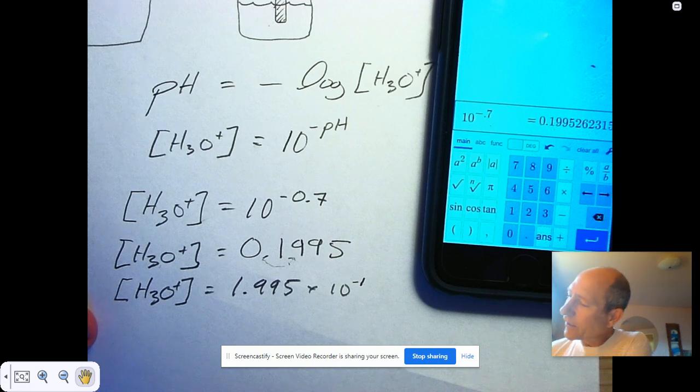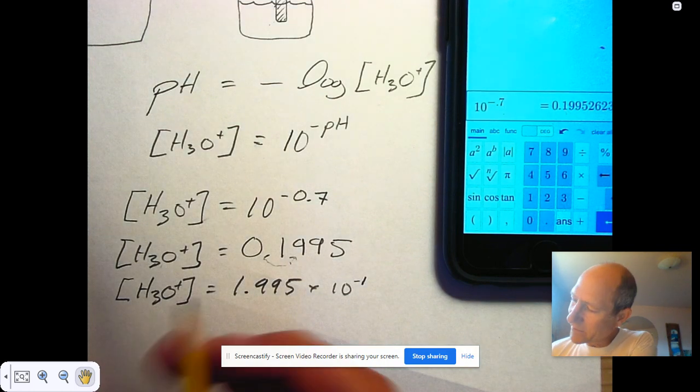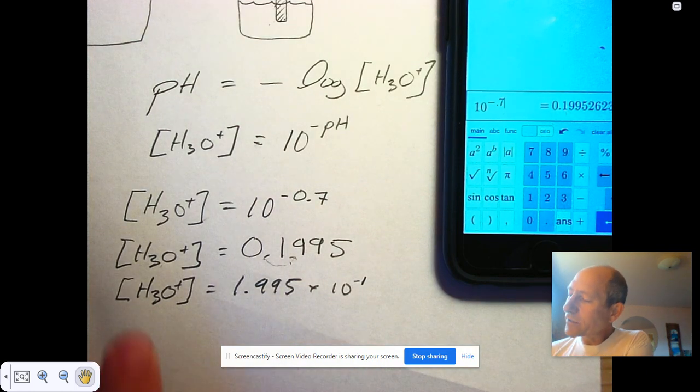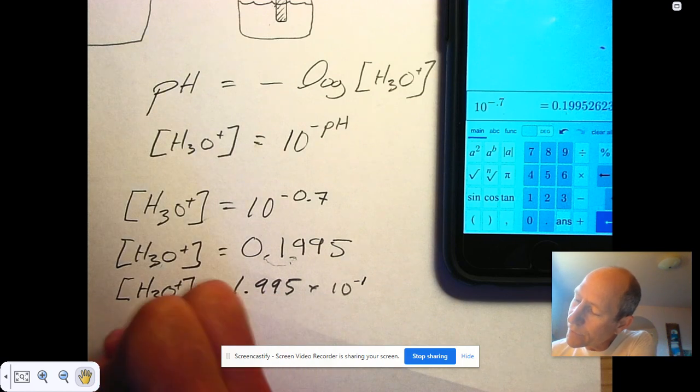Okay. Well, we know from previous studies that we did that the concentration of hydronium in a strong acid is equal to the concentration of the strong acid itself.